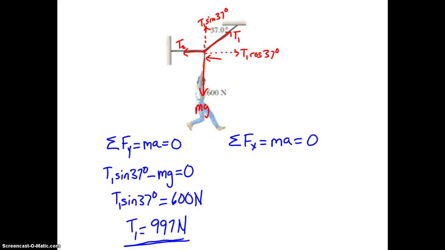And our choice of sign doesn't, again, matter. We can go T1 cosine 37 degrees in the positive direction minus T2 equals 0. So T2 would be T1, which we solved to be 997 newtons, times the cosine of 37 degrees.